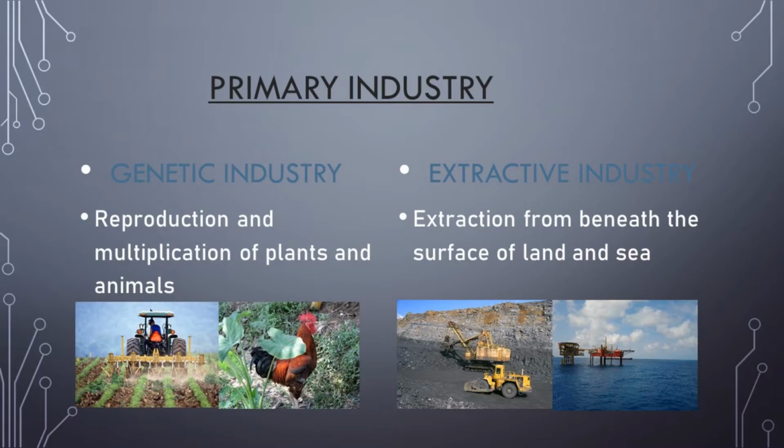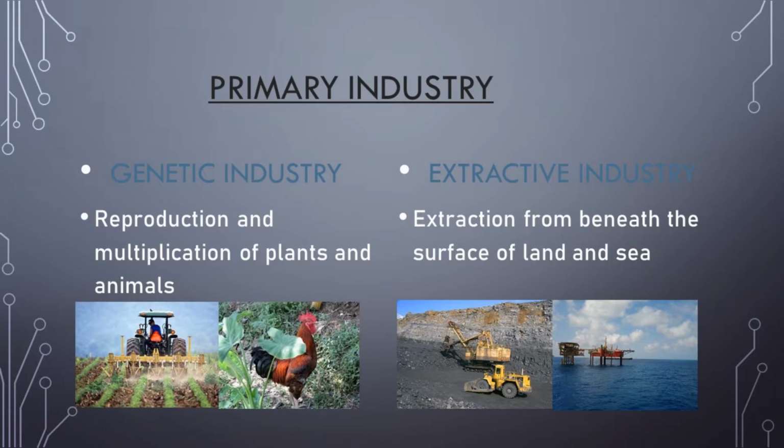For example, nurseries where plants are grown for sale, or poultry farms where birds are raised for meat and eggs, or pisciculture where fishes are grown in ponds, canals or rivers, etc.